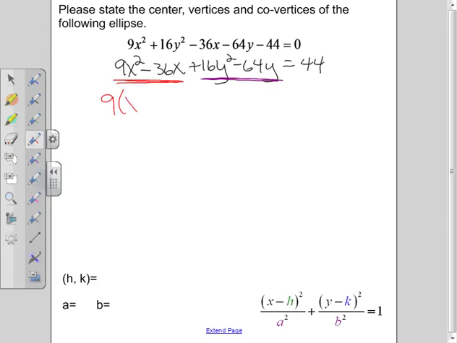So I'm going to write 9 times the quantity x squared minus 4x plus, then the purple part is going to be, I think 16 goes into both of those terms. So I'm going to factor out the 16 and get y squared minus 4y, and then I'll pull down my equals 44.